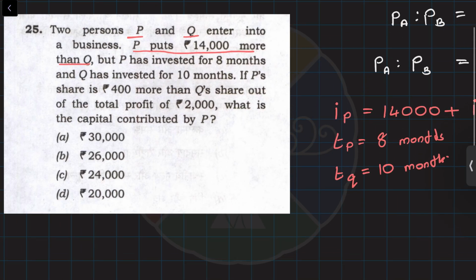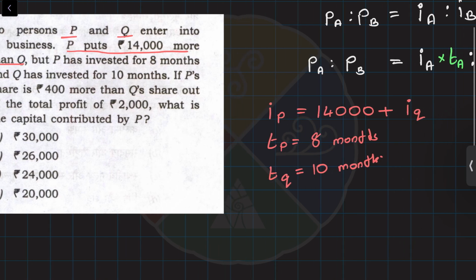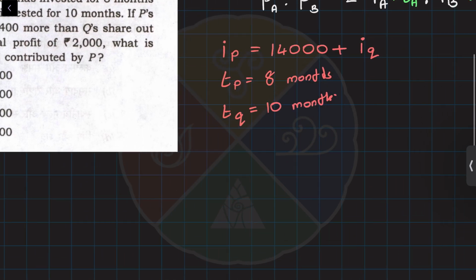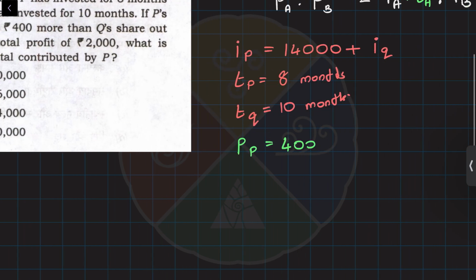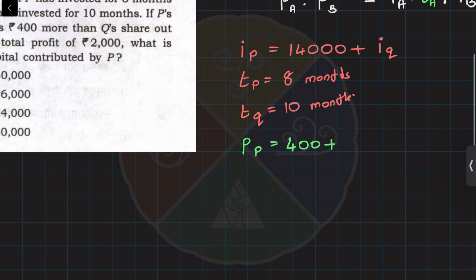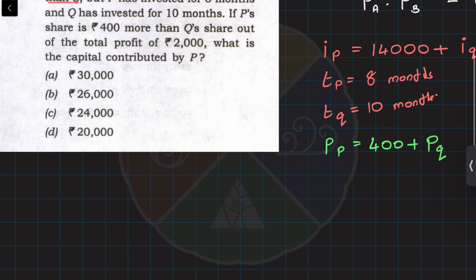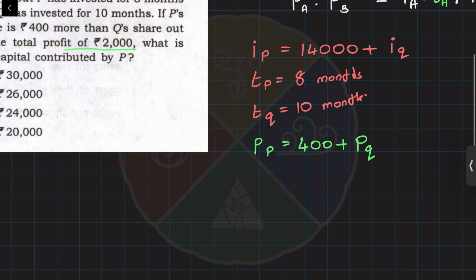If P's share is 400 more than Q's share, so we are talking about the share which they got, profit of P is 400 more than profit of Q. The total profit is also given.